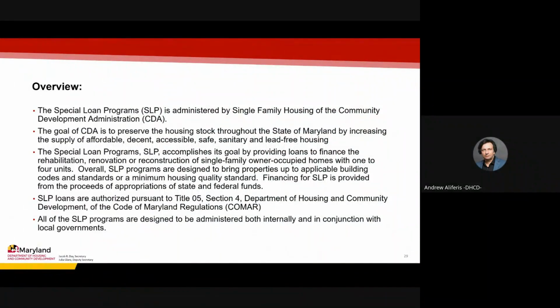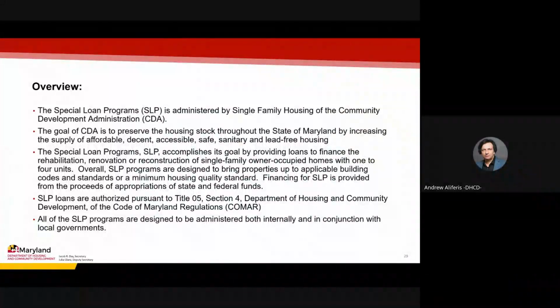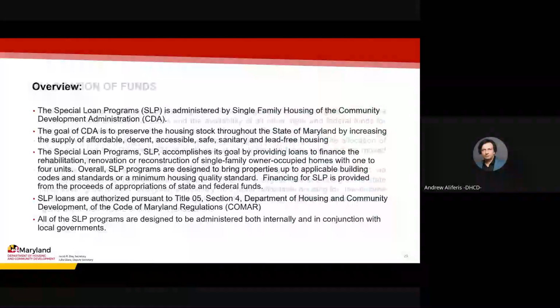Our cap on funding is a $5,000 minimum with a $50,000 maximum. And we also look at the equity of a house, since if it's a loan, it uses the house as equity. So we're able to go up to 110% of equity.